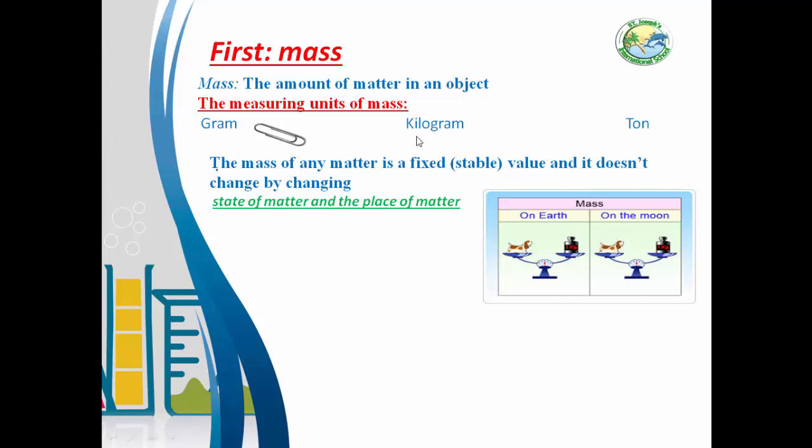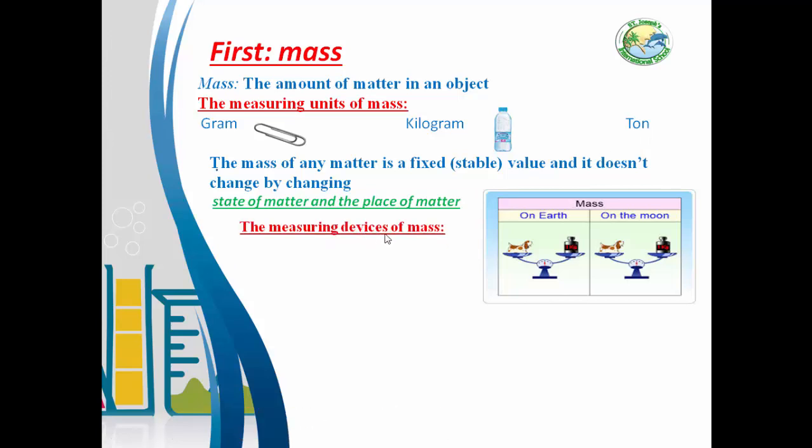Kilogram is suitable for measuring large masses such as fruits and vegetables, and it equals the mass of 1 liter of distilled water. And finally ton, it is used to measure very big masses. So measuring units of mass: gram, kilogram, and ton.